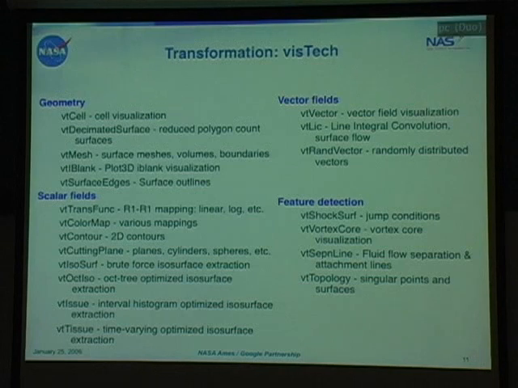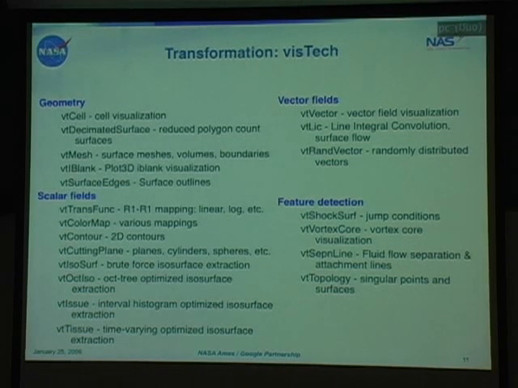Okay, so that's our field model. Once we have the data in hand using the field model, we want to apply a number of different visualization techniques. This is just a laundry list of some of the visualization techniques that we've encapsulated into a library interface. There are basically four big groups here. Sometimes we want to visualize the mesh itself, the geometry of the mesh.